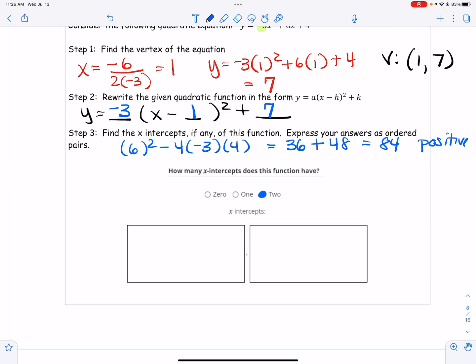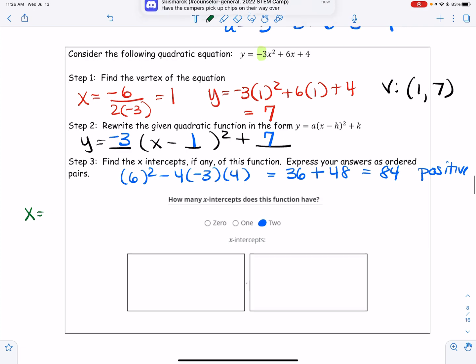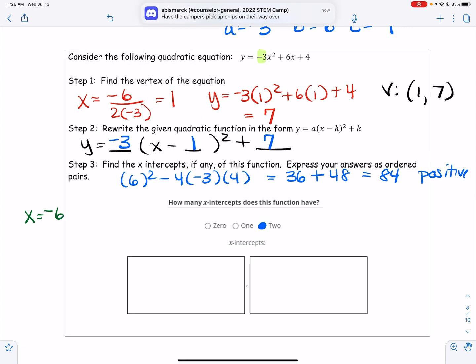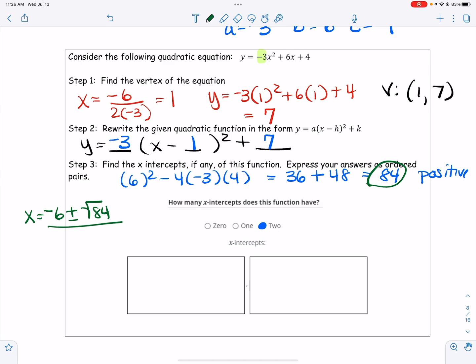to find those x-intercepts. So we're going to have x is equal to the opposite of b, which was, what is b? 6, so negative 6, plus or minus the square root, which we've already done because that was the discriminant, all over 2 times a, which is negative 6.